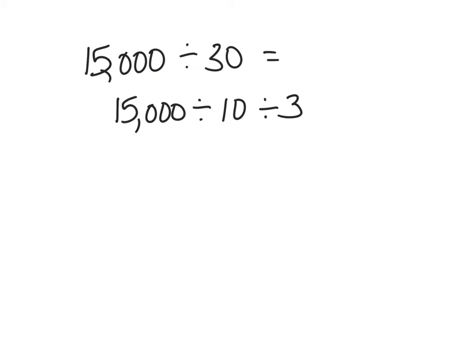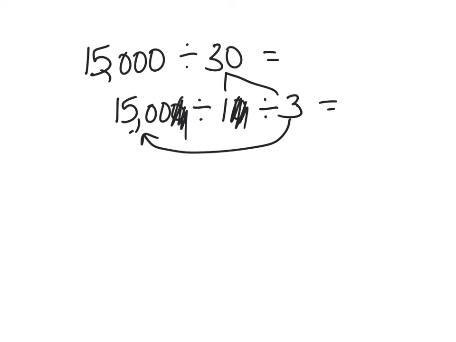All right, here's another way to think of it. If I have 15,000 divided by 30, I have 15,000 divided by 10 and 3. I can cross off this 0, cross off this 0. Now it's just 1,500 divided by 3.